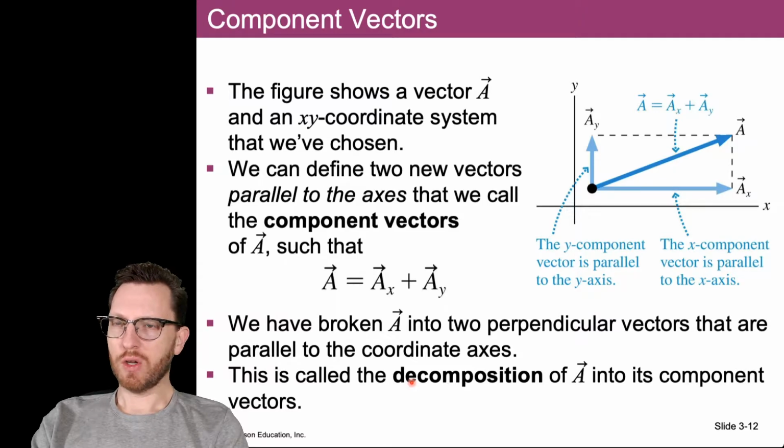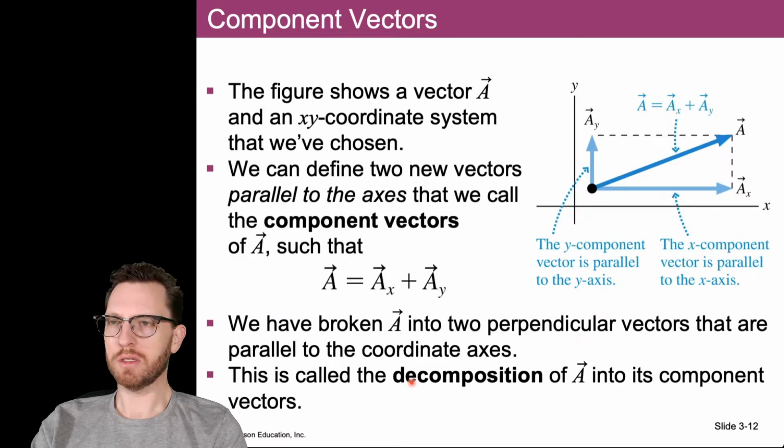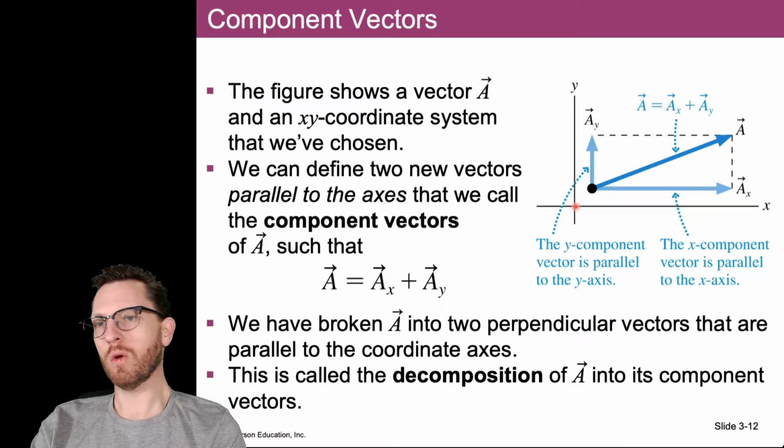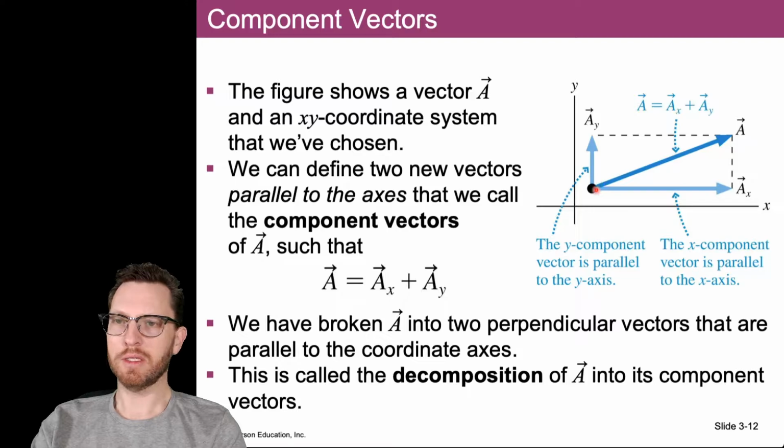Once we've defined a coordinate system, we can use it to help us describe a vector quantity that we're observing in that coordinate system. The figure shows in this example vector A placed on top of an XY coordinate system that we've chosen. Remember, this was a free choice. We could have put the origin anywhere we like. We could have placed it at the tail of this vector, or far away.